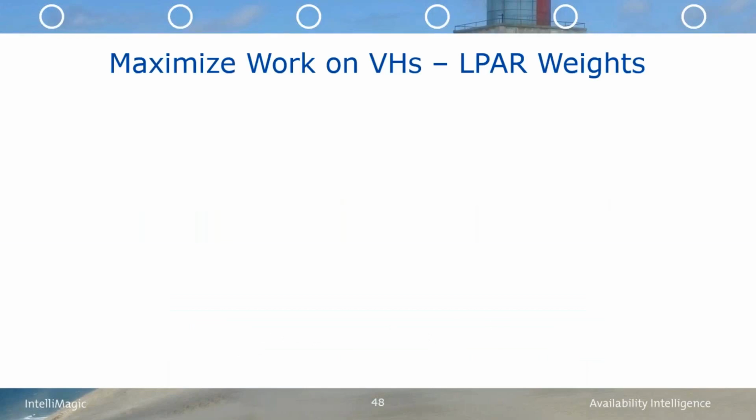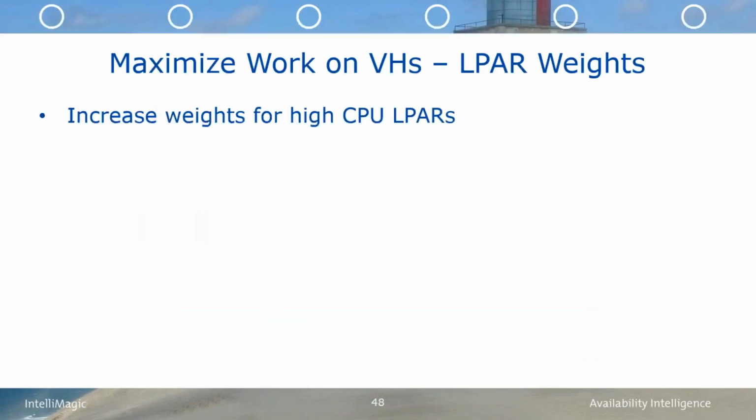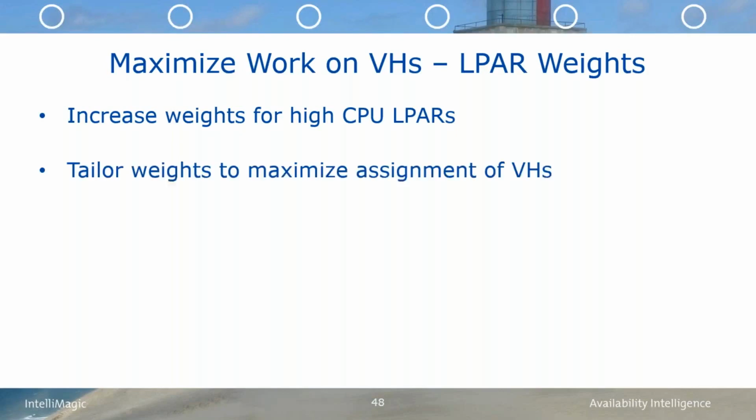So first, here are some ways LPAR weight values can be set to maximize the amount of work executing on vertical highs. One way is to adjust LPAR weights to increase the number of vertical highs for high CPU LPARs that currently have a significant workload executing on vertical mediums and possibly even vertical lows. We'll see an example of this on the next slide. Also, by tailoring LPAR weights, we may be able to increase the overall number of vertical highs assigned by Prism on a processor.